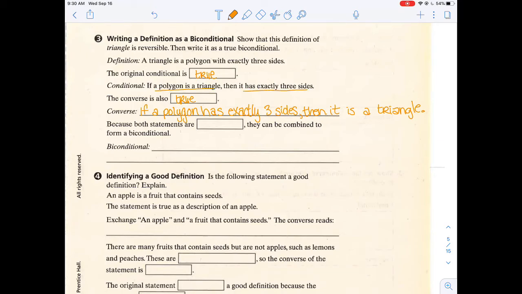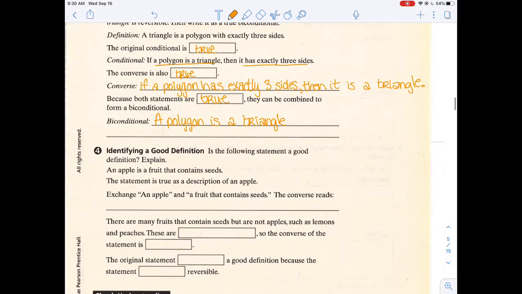Because both of these statements are true, they can be combined to form a biconditional statement. So I will say a polygon is a triangle if and only if it has exactly 3 sides.